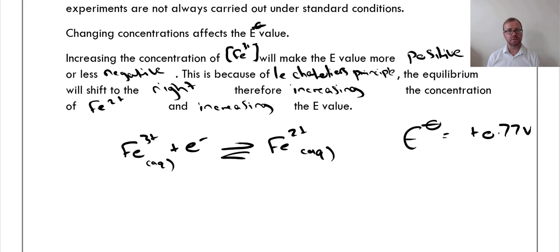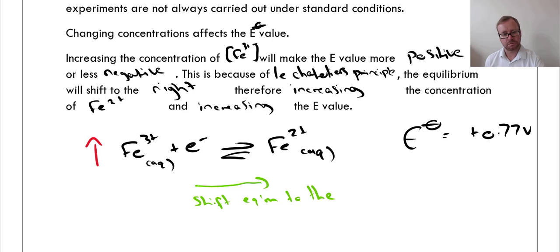Because we have increased the concentration of my Fe3 plus, it has shifted the equilibrium to the right. This will increase my concentration of Fe2 plus on this side to minimize the change in concentration over here.